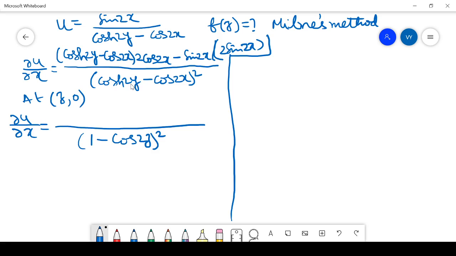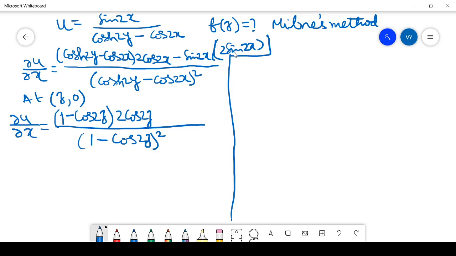Y is equal to 0, so e to the y plus e to the minus y by 2 will become 1, giving 1 minus cos 2z. Similarly here, when I substitute y equal to 0, I will have 1 minus cos 2z, and this will be 2 cos 2z.